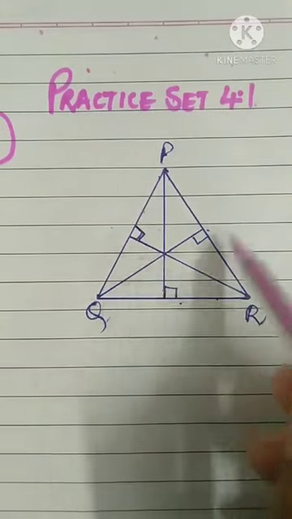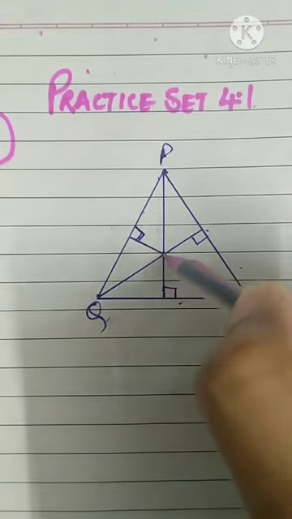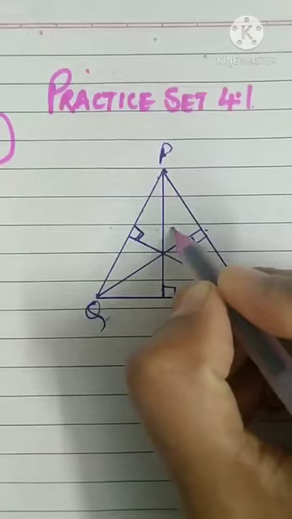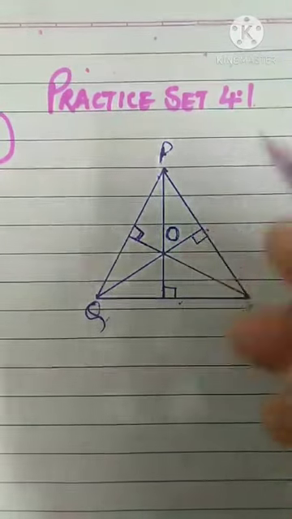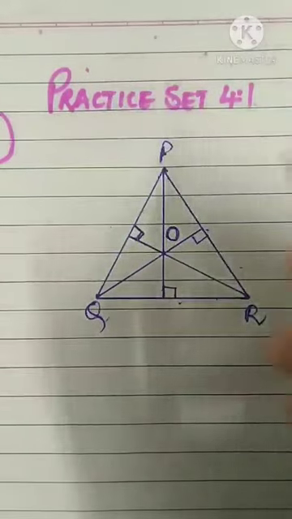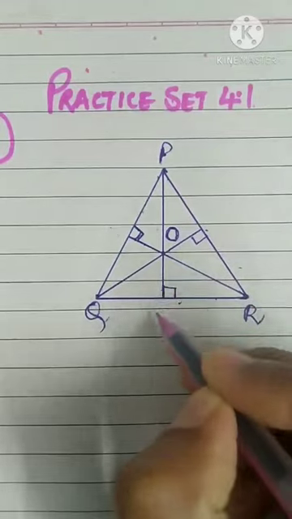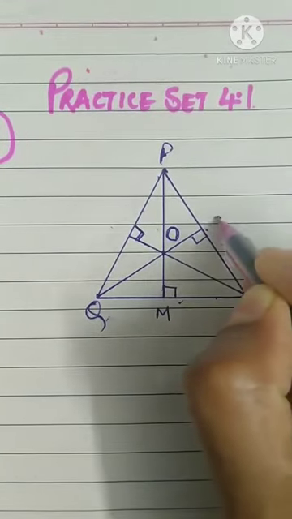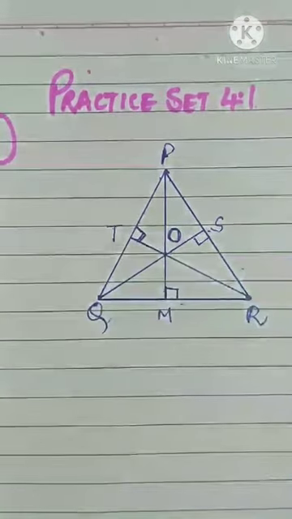All three altitudes are meeting at a single point. This point of concurrence of altitudes is called the orthocenter O. Okay, let us name the altitudes. Let us name the first altitude that we drew as PM, the second altitude as QS, and the third altitude we will name as RT.